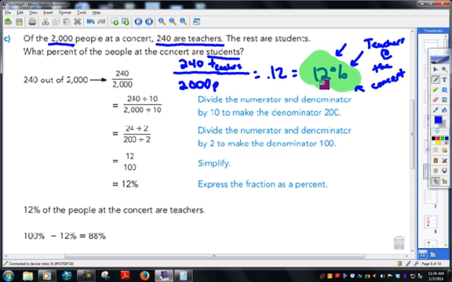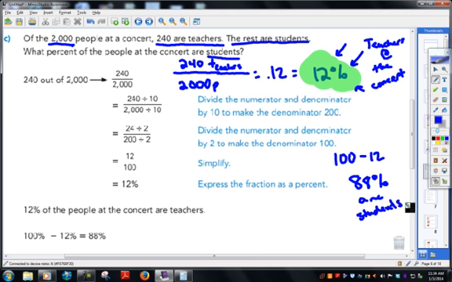Well, if 12% of them are teachers, then the remaining, because it says right here the rest are students, the remaining people are the students. So we know that 100% is the whole amount. I'm just going to do 100% minus 12%, and I'm going to get 88%. Okay? That's 88% are students.